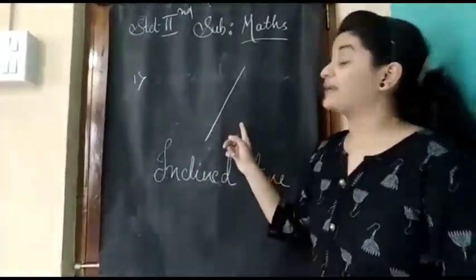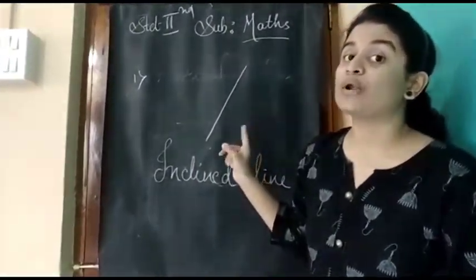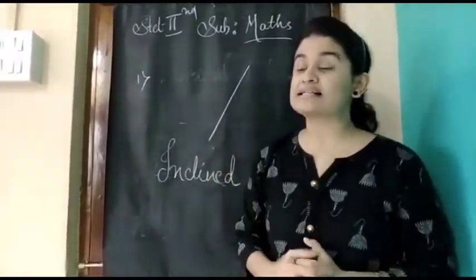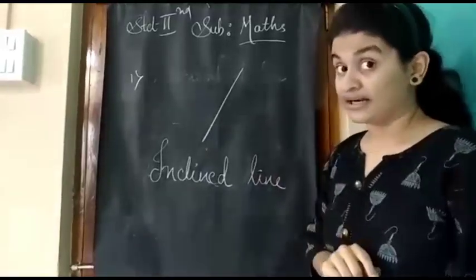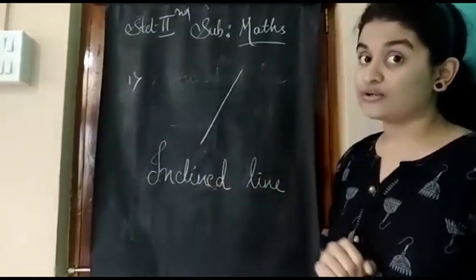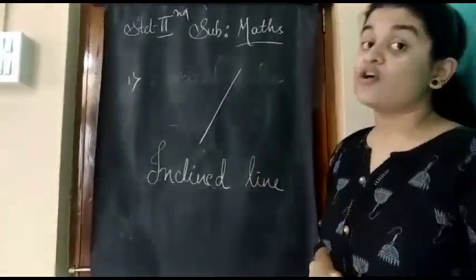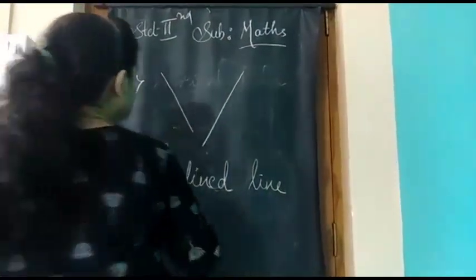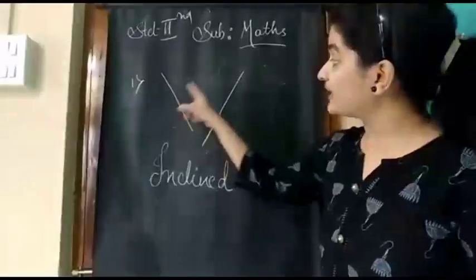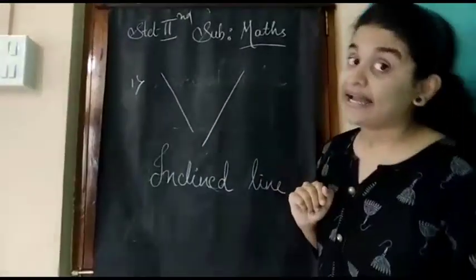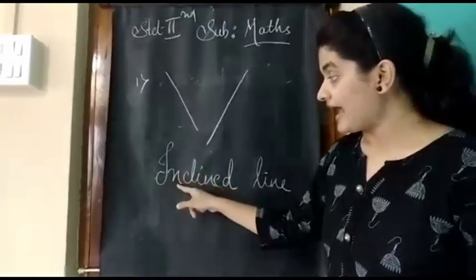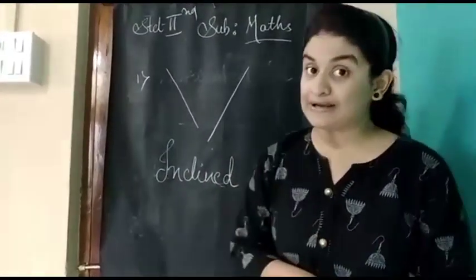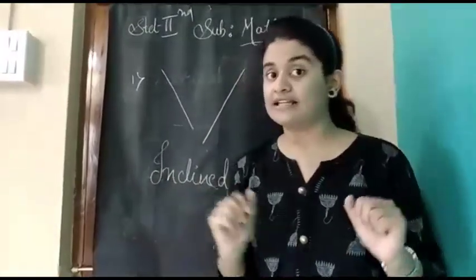Students, the line that you see on the blackboard is known as inclined line, also known as slanting line. Understood? We can draw inclined line also in this way. These both the lines are known as inclined line. INCLINED is the spelling of inclined line.